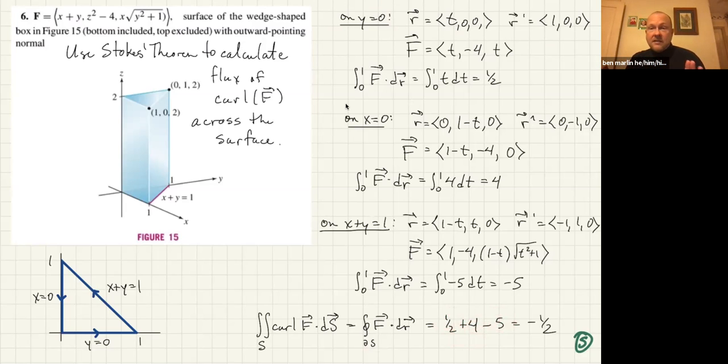Now, this didn't say verify it. We don't have to do the flux integral to show that they're the same. All we're doing is applying Stokes' theorem, which says that if you want to figure out this flux integral, you can just do the line integral instead. Okay.